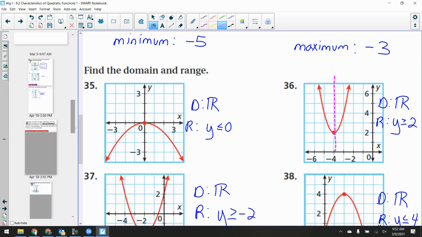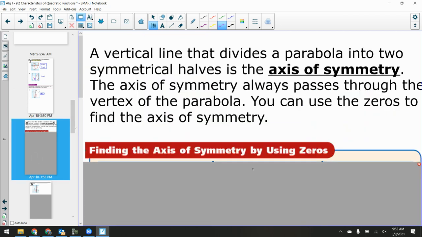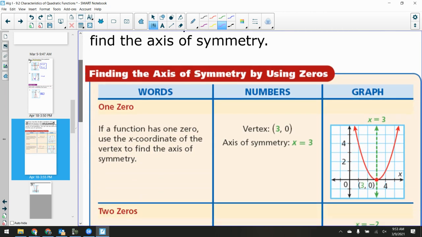The axis of symmetry, by definition, is the vertical line that divides the parabola into 2 symmetrical halves. It's a vertical line. It's always going to be x equals that line. You can use the zeros to basically find the axis of symmetry. So if there is 1 zero, well then obviously that vertex has to run through that axis of symmetry.